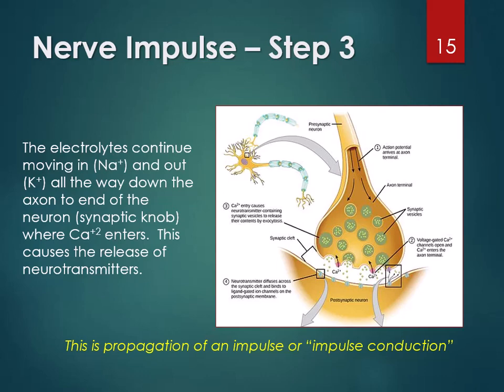So those little tiny dots there into the synaptic space are neurotransmitter. That neurotransmitter will bind receptors on the next neuron and either block or initiate another nerve impulse in that neuron.